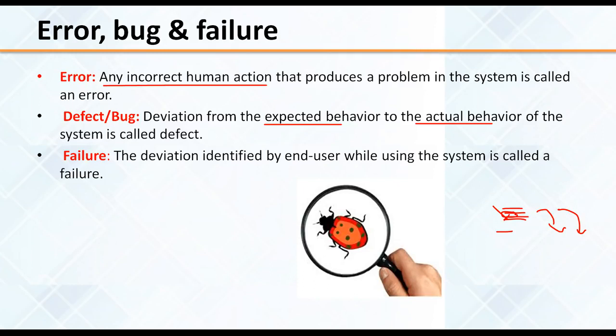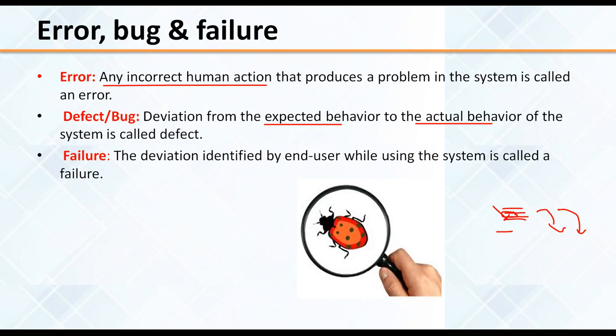Right? So the other one is a failure. The deviation identified by the end user while using the system is called a failure. So failure always happens in the customer environment or the production environment.